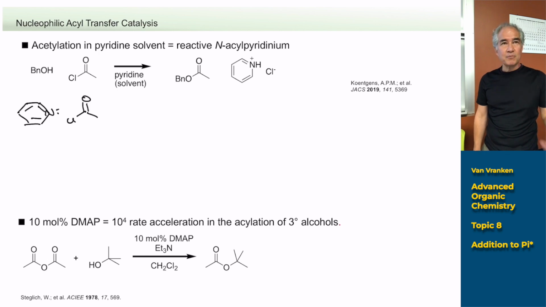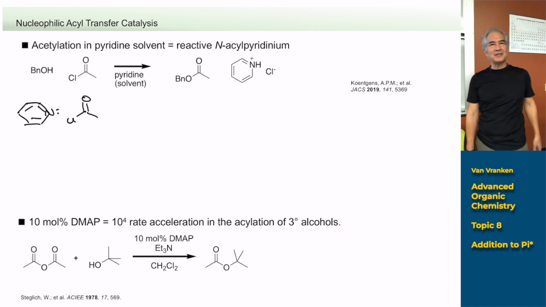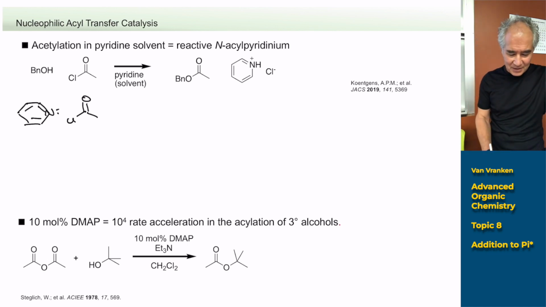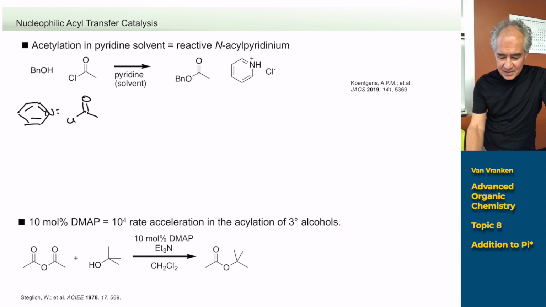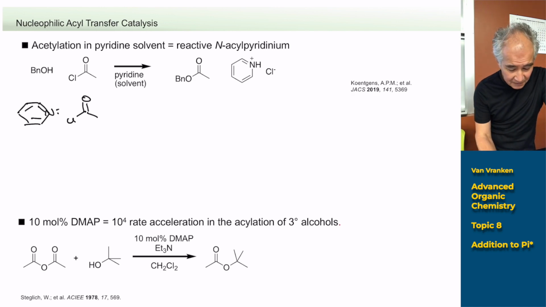The pyridine is more nucleophilic than the alcohol. And it happens to be abundant in this case because the pyridine is the solvent. And so the first step of the mechanism is not having the alcohol attack. The first step of the mechanism is to have the pyridine add in, and it will make this tetrahedral intermediate.